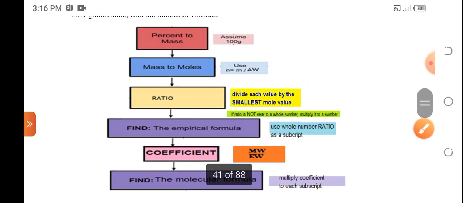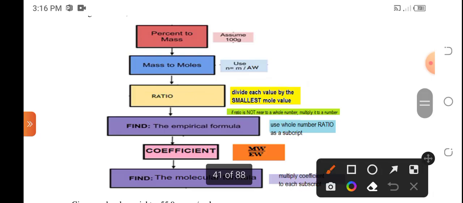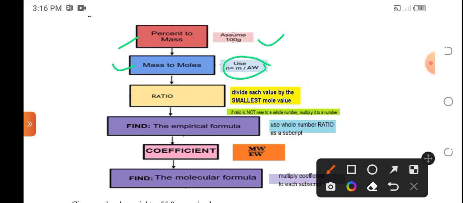Sa steps, parang kanina lang din pero may mga nadagdag lang. So still pa rin, first step is mass, percent to mass with an assumption of 100 grams kung walang dineclare na grams. Second step is mass to mole using the formula mole is equal to mass over atomic weight. Then the ratio by dividing each moles derived from step number 2 by the smallest mole ratio.